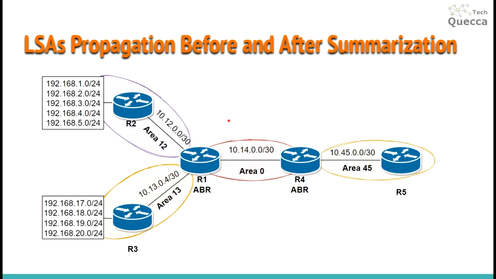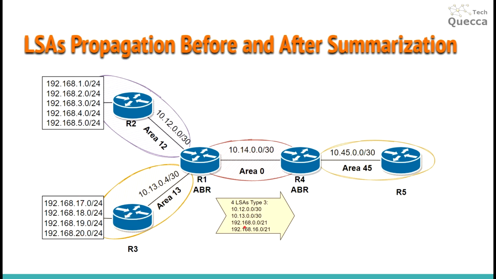If we configure route summarization, then we're going to have 4 Type 3 LSAs flooded into area 0. So from 11 to 4. These are for 10.12, 10.13, and these 2 subnets: 192.168.0.0, which is the summary for these 5 subnets, and 192.168.16.0 mask 21 for these 4 subnets.